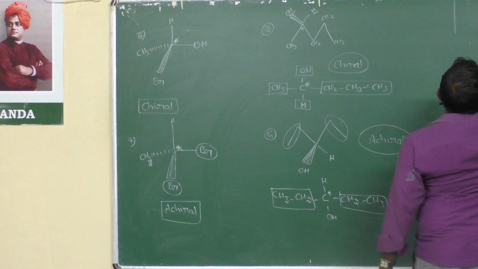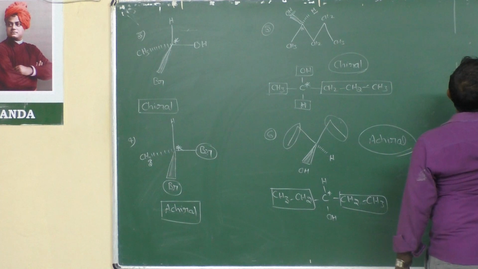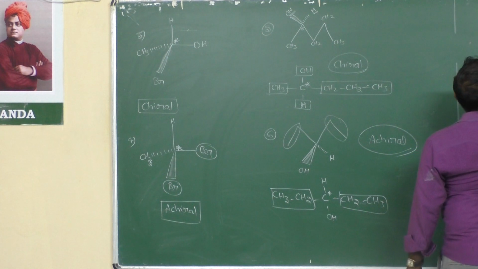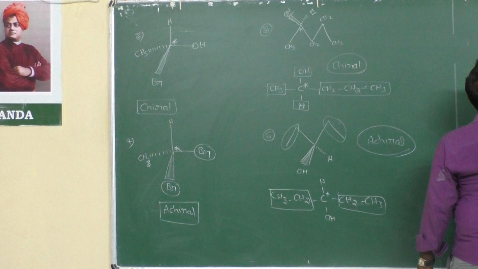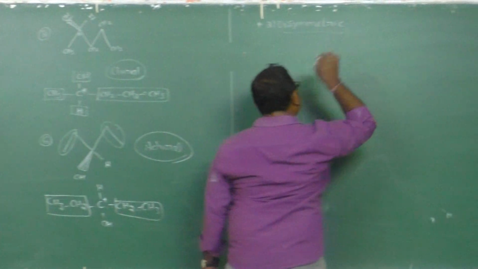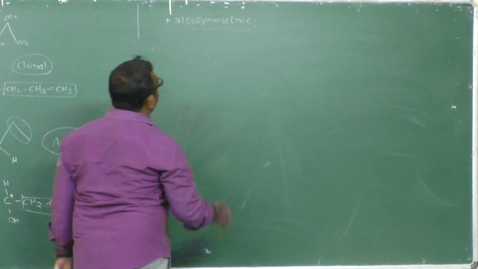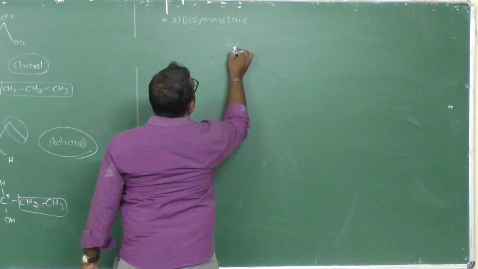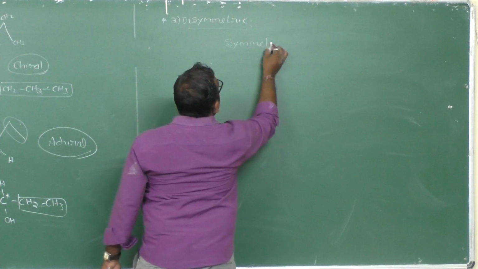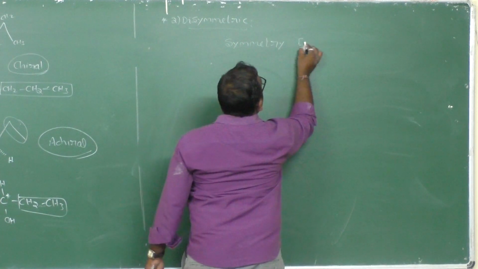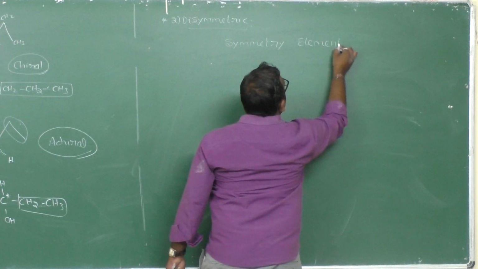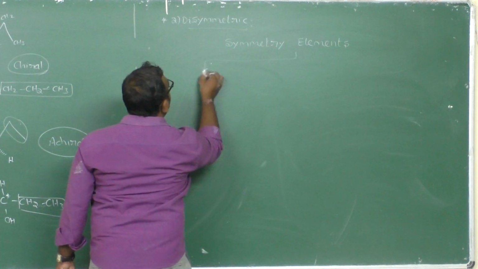Next one, second one, very important. An optically active compound should be disymmetric. Generally, symmetry elements are of two types.